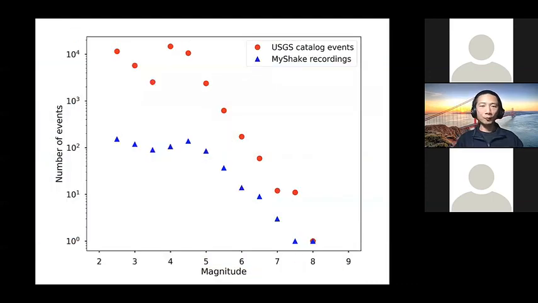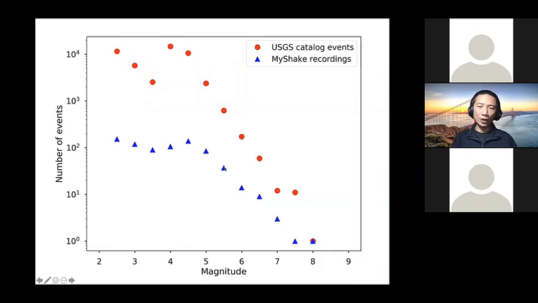We also compared the earthquakes we detected with the USGS earthquake catalog. This is the number of earthquakes detected in different magnitude bins. The red ones are the USGS detected earthquakes, and the blue triangles are the MyShake detected ones.